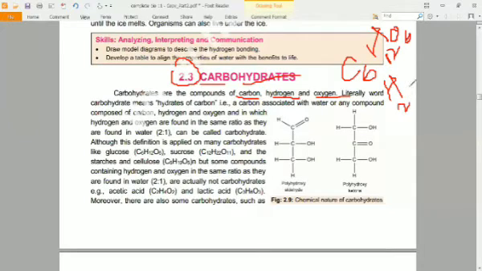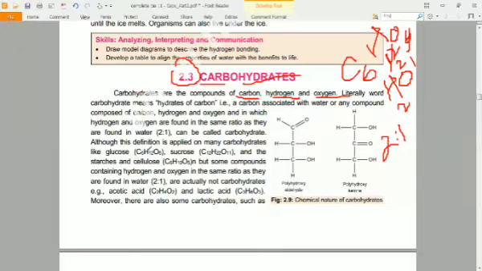In water, that is H2O, H is in 2 ratio and O in 1 ratio. If we take the ratio here, 6 ones are 6, 6 twos are 12, so this is 2 ratio 1. So hydrogen and oxygen are present in 2 to 1 ratio. That's why they are called hydrates of carbon.